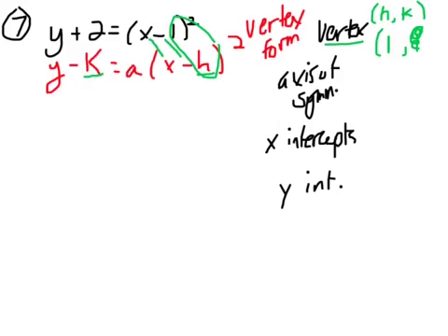Now over here I've got to be careful because here's my y, but I've got a plus sign here. So let's change that plus sign into a minus. Okay, so here's my y, here's my subtraction sign. What is my k? It is negative 2.